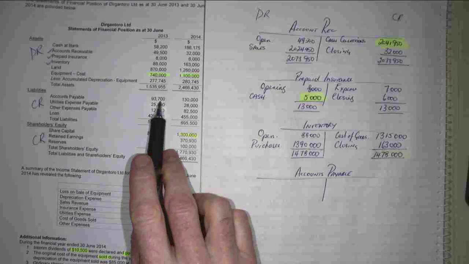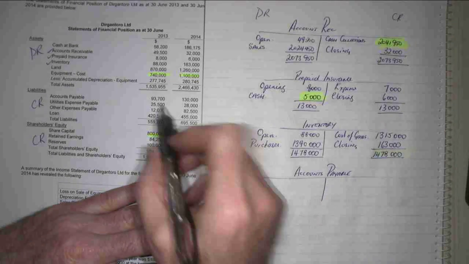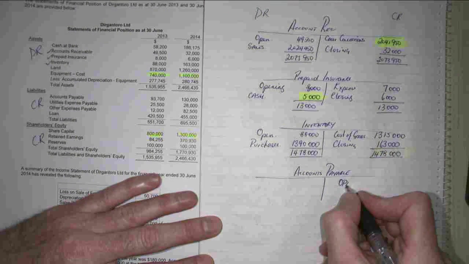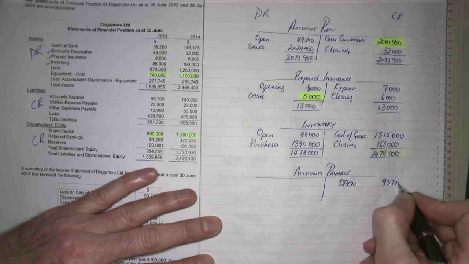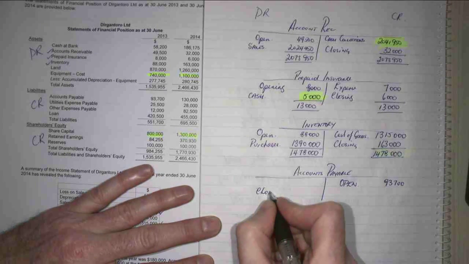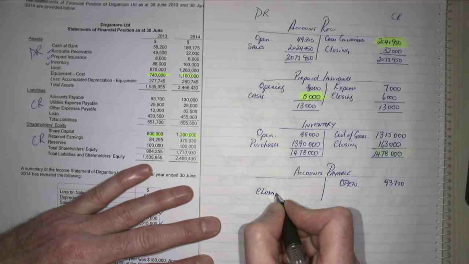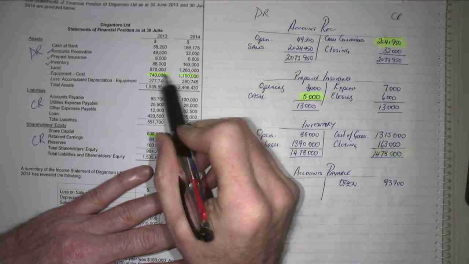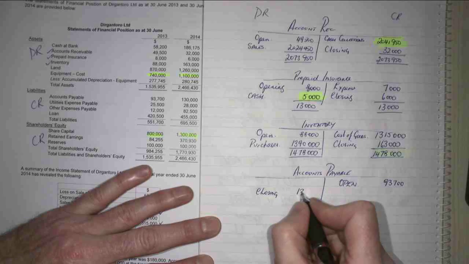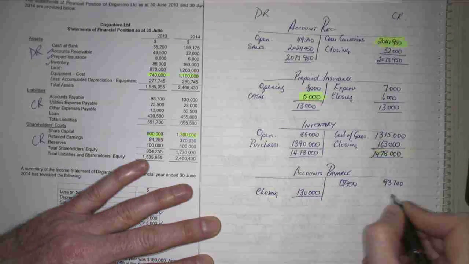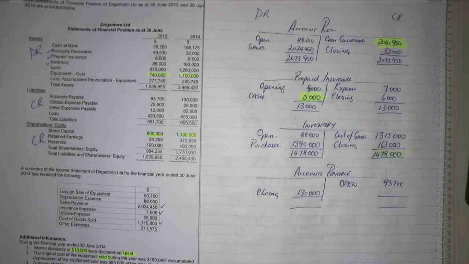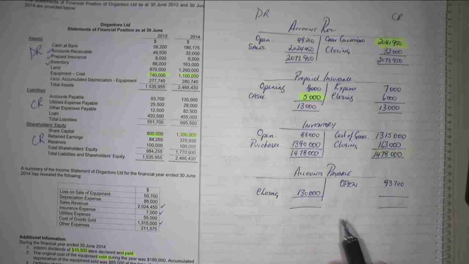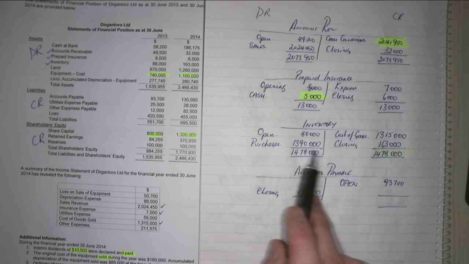So I zip down to my accounts payable. I've got an opening balance of 93,700 and a closing balance of 130,000.